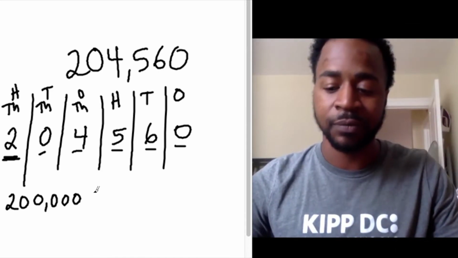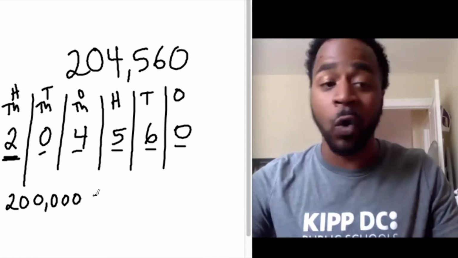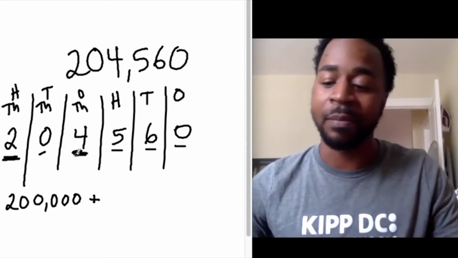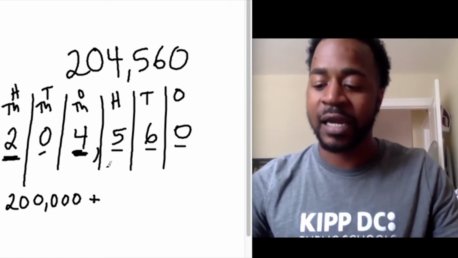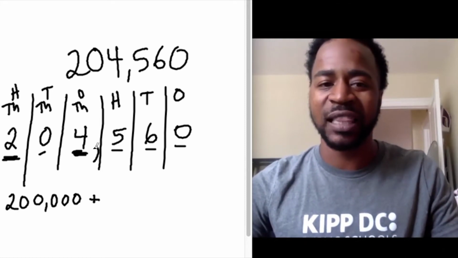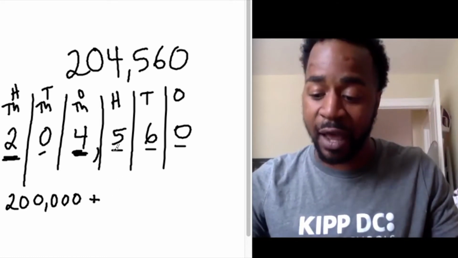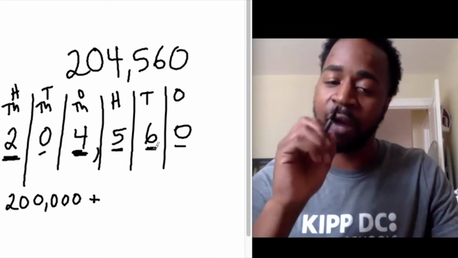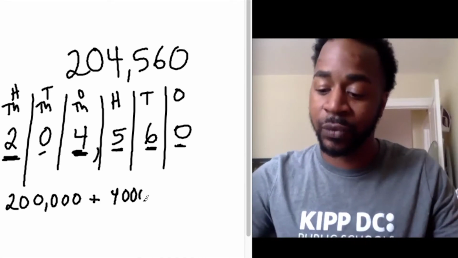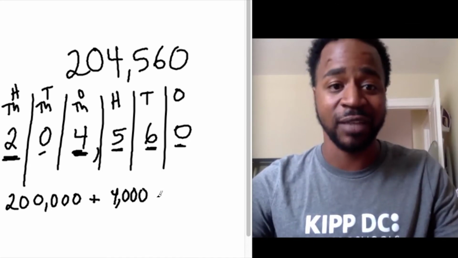Got it. The next number I'm going to see is the 4, and that's 4,000. I know that because there's a comma right behind the 4. And I think about how many zeros are in the number thousands. So there's going to be 3 zeros in 4,000. I'll write 4, and then I'm going to put 1, 2, and 3 zeros for hundreds, tens, and our ones place.